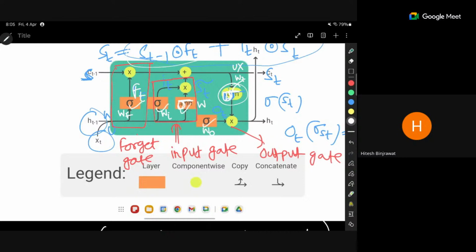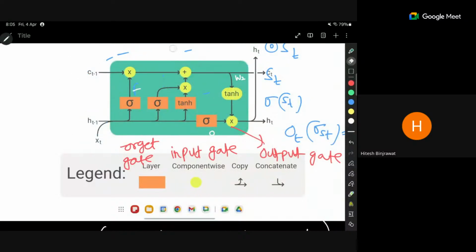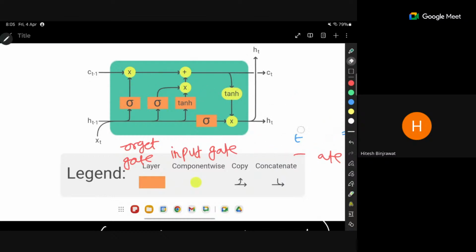You can see if I remove all this drawing, like this, okay? You can see X is going to all of them except this tanh. This tanh is written, but you can choose whatever activation function of your choice, right?